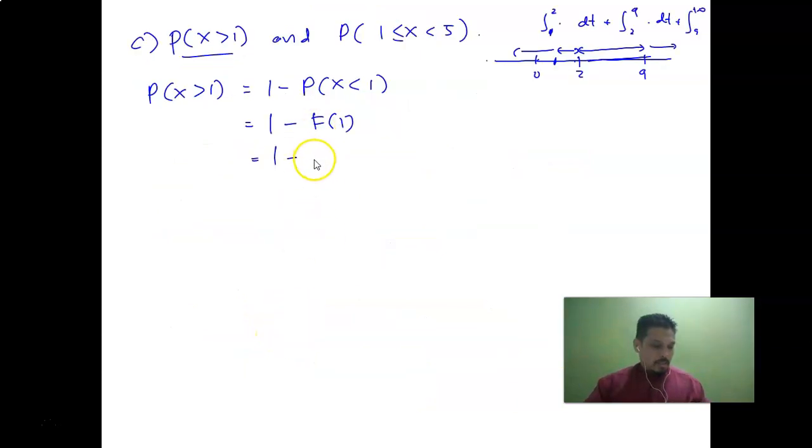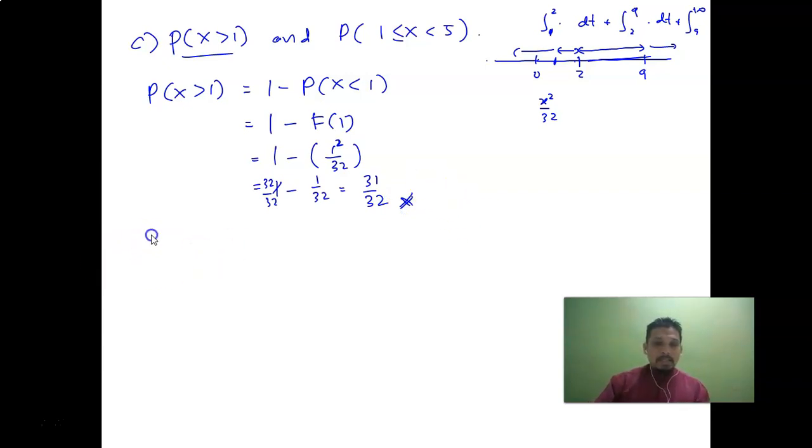So here, 1 minus x squared over 32. Substitute x equals 1. So 1 squared over 32. Then equal to 1 minus 1 over 32; imagine this is 32 over 32, so 32 minus 1 equals 31 over 32.